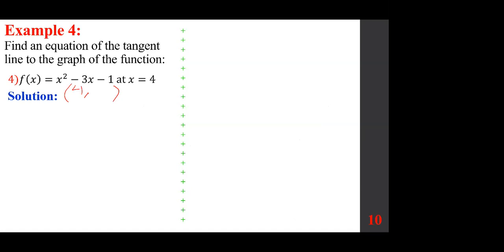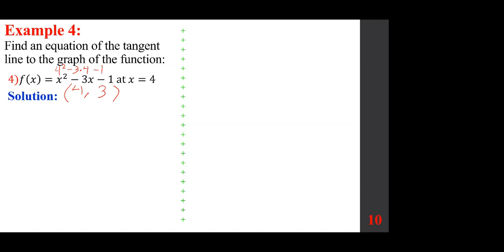Can anybody tell me? What would be the y coordinate? Plug in, and that's your y coordinate. So in other words, as I've said before, you don't have to be given the pair. As long as you're given the x coordinate, you can figure out the pair. Okay, so that's the first thing.